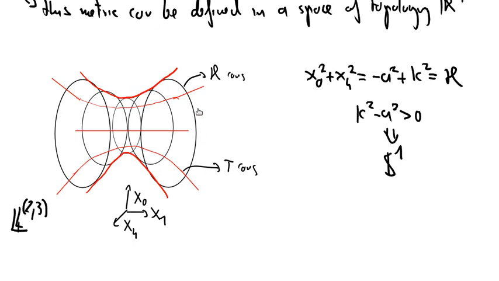Each of these circles corresponds to sets defined by this relation, and then we have the T constant, which are lines of topology R. So this has the topology R.